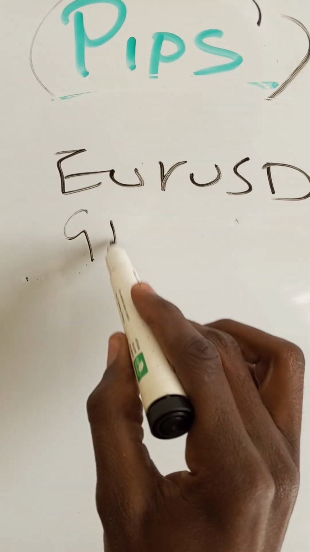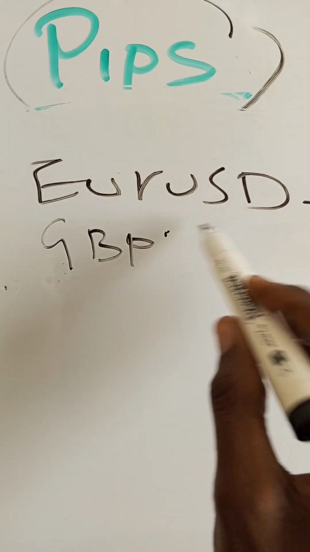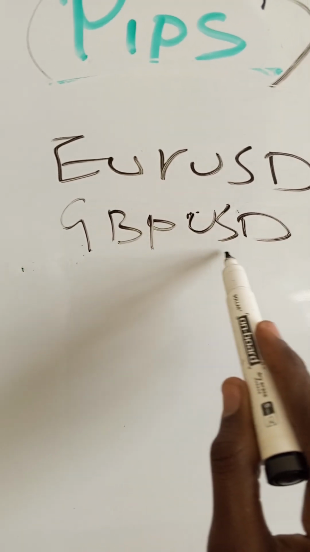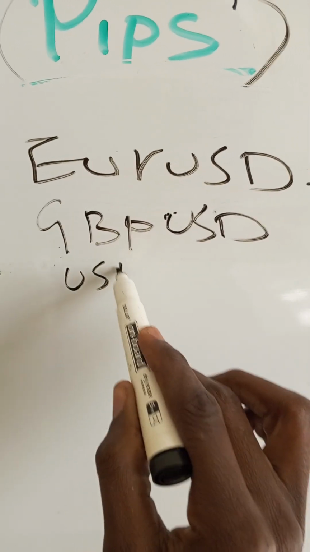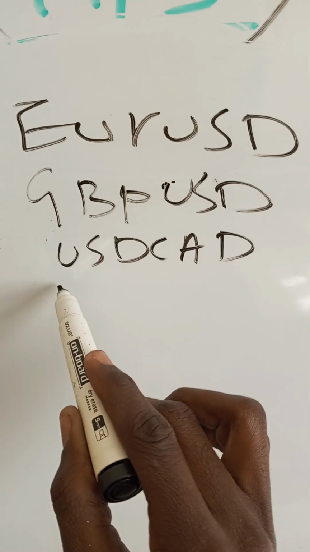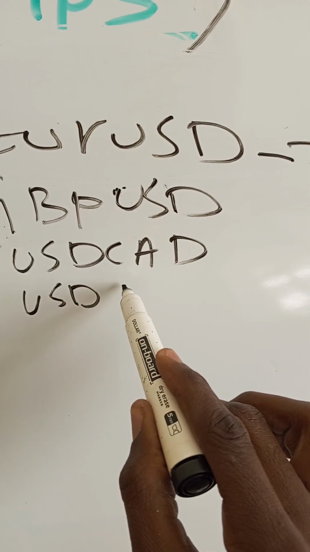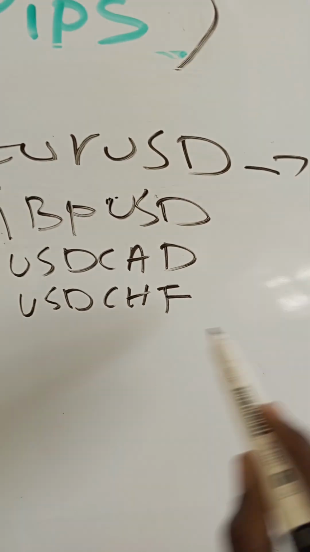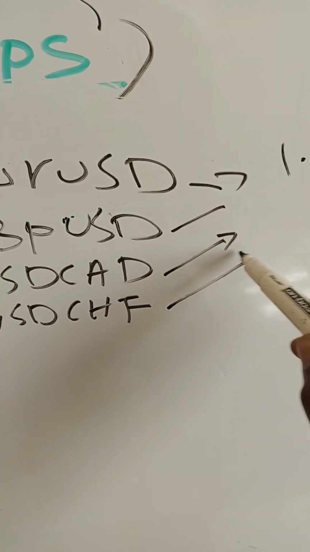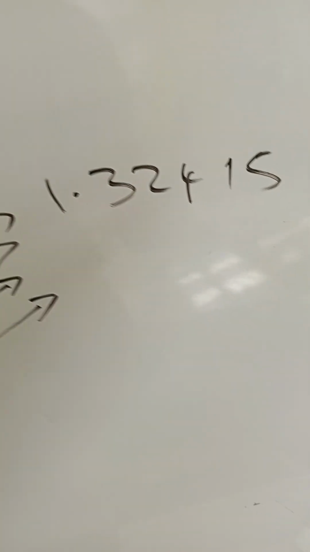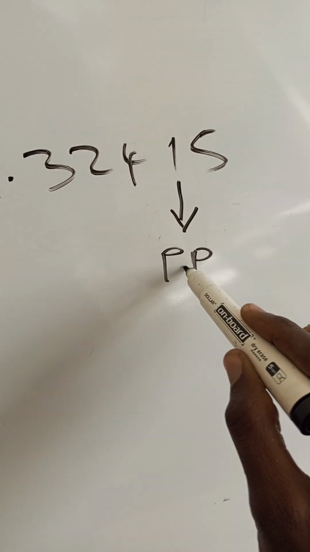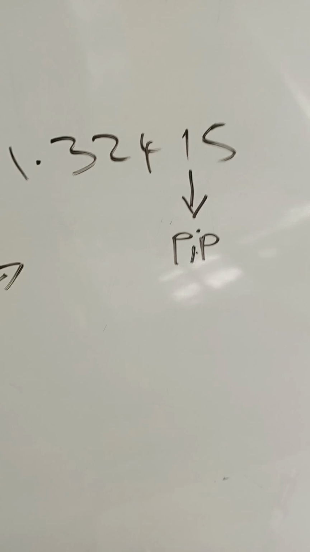So we have GBP USD, we have USD CAD, and we have USD CHF. All these pairs point to this one. A pip value is actually the fourth digit. This is a pip.